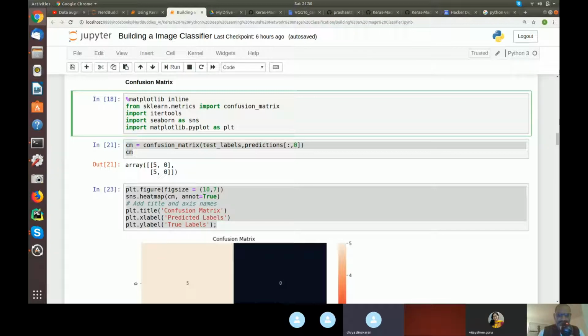Like we had used last time, we use sklearn, which is scikit-learn. We use metrics from that, confusion matrix. And we'll use seaborn and matplotlib. These are the two main libraries for graphs.